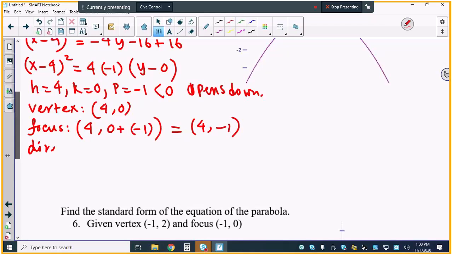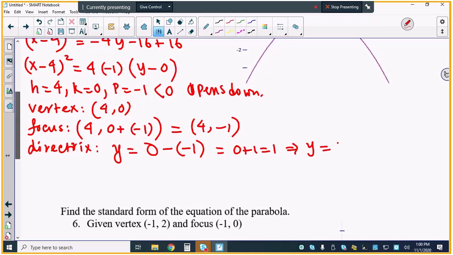Directrix, similar treatment, but this time the line is going to be horizontal. So I can say y equal to, again, the y coordinate of the vertex minus the focal distance p. So it's 0 plus 1, and that's 1. So I get to say y equal to 1 is the directrix. Axis of symmetry, it's vertical.